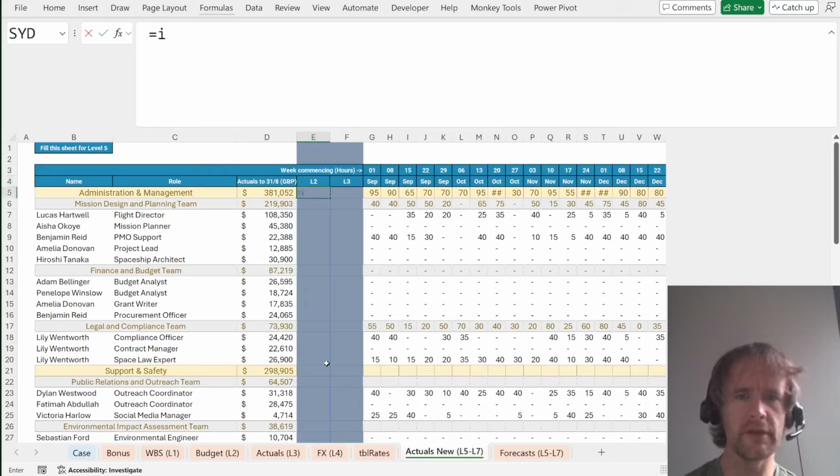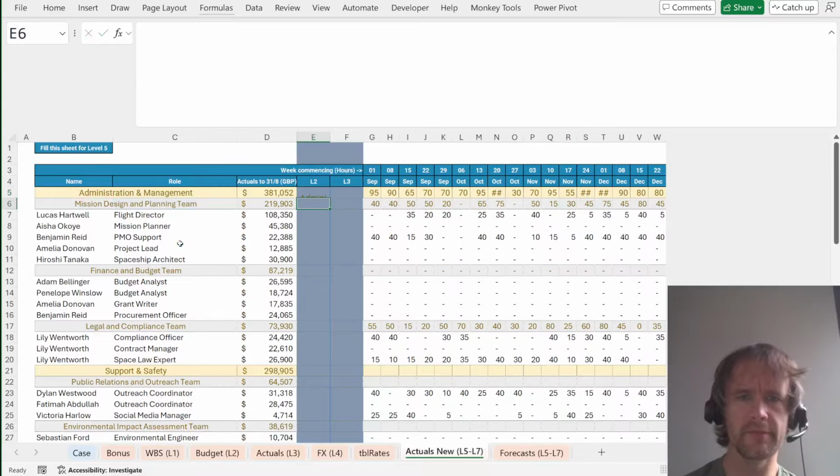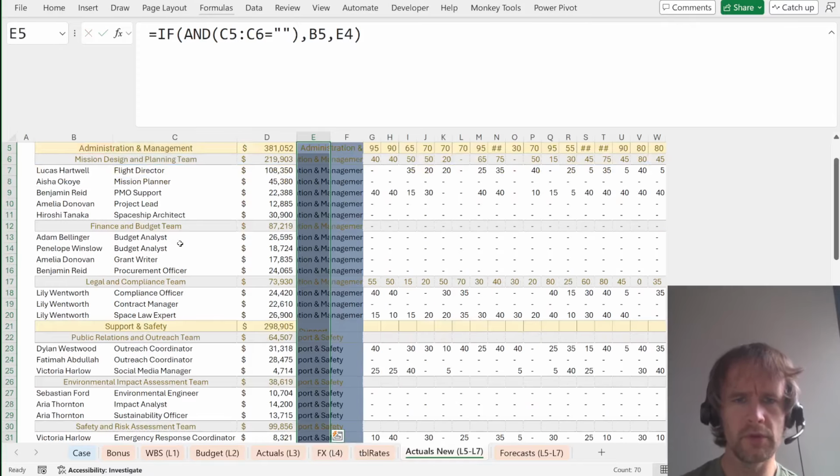So we're going to say if and, so an L2 is marked by this and the one below it being empty. Then this, otherwise what's above? Good.